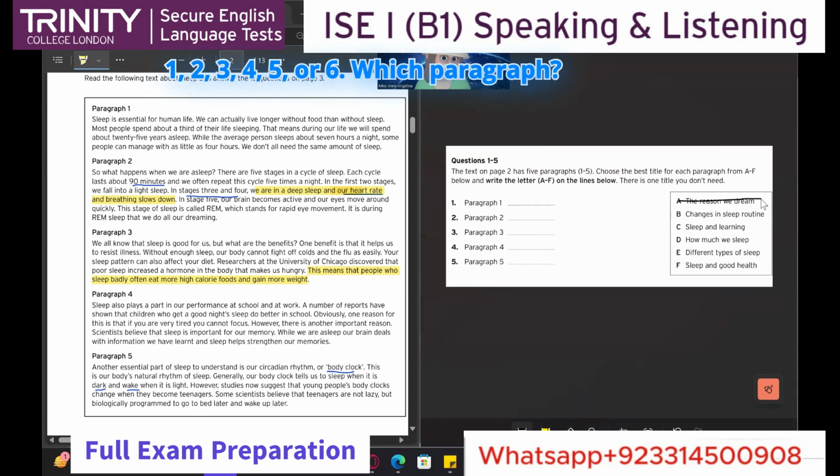A, paragraph 1, 2, 3, 4, 5, or 6. You can read all these statements first. Read B, C, D, E first. B, changes in sleep routine. C, sleep and learning. D, how much we sleep. E, different types of sleep. F, sleep and good health.